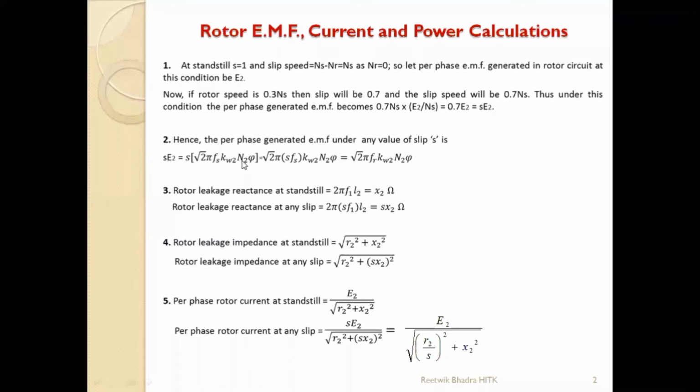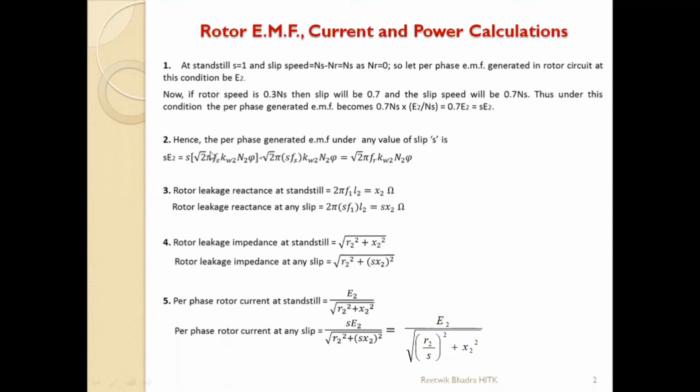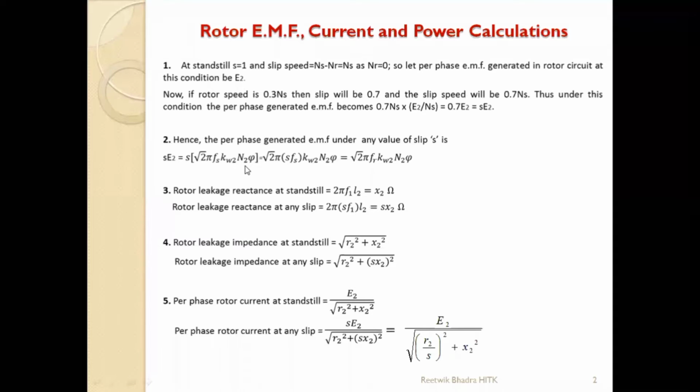If it is E1, then it will be N1. So I am studying the rotor side only. So SE2 is equal to S root 2 pi Fs Kw2 N2 phi. Fs means supply frequency. Kw2 is the winding factor of your rotor windings. If you bring this S inside and write SFs, your equation will be root 2 pi SFs Kw2 N2 phi. Other parameters remaining the same.